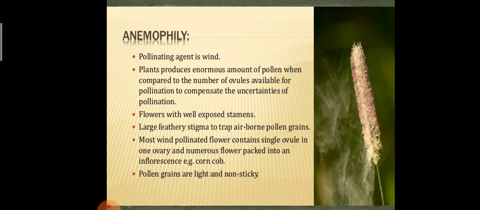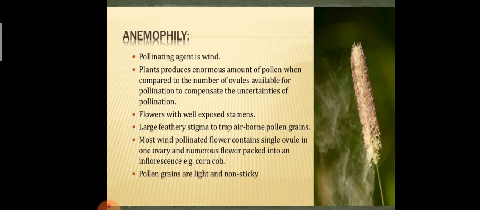So anemophilous plants show different types of floral adaptation. What are the floral adaptations which take place in anemophily, that we have to discuss here. In anemophily, first, the flower is hidden in nature, that is known as inconspicuous in nature.